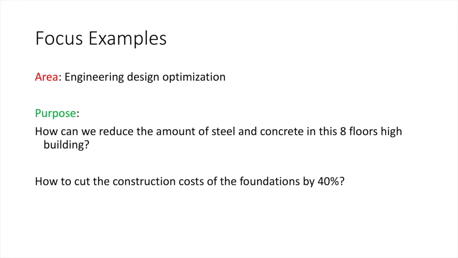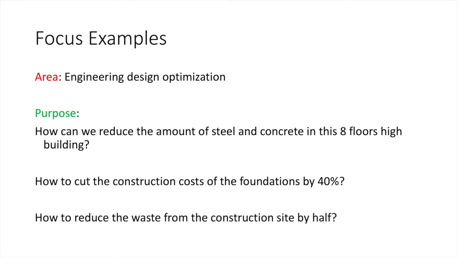Or how to cut the construction costs of the foundations by 40%. Or again, how to reduce the waste from the construction site by half. Each of these focuses can give profoundly different actions to be done and ideas to be found during the idea generation session.